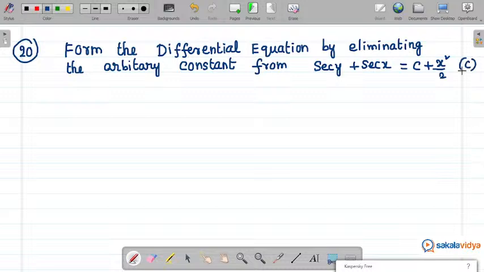Here c is the parameter. Okay, let us try to solve this question now.